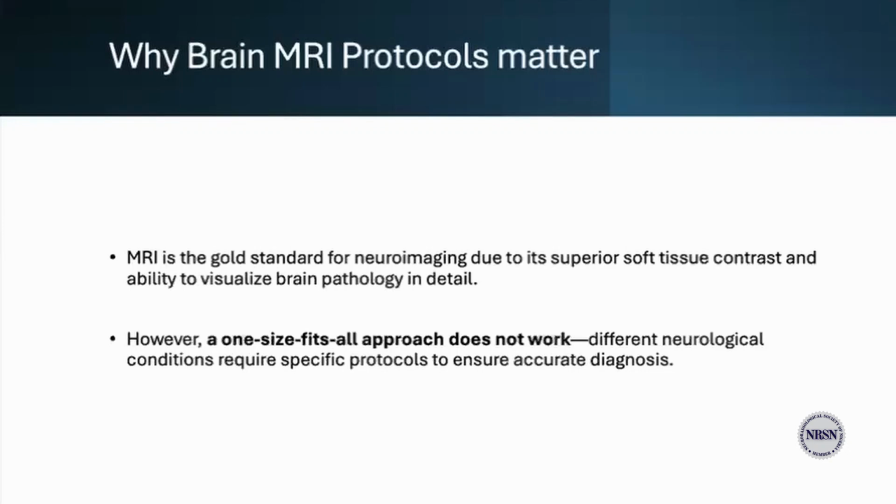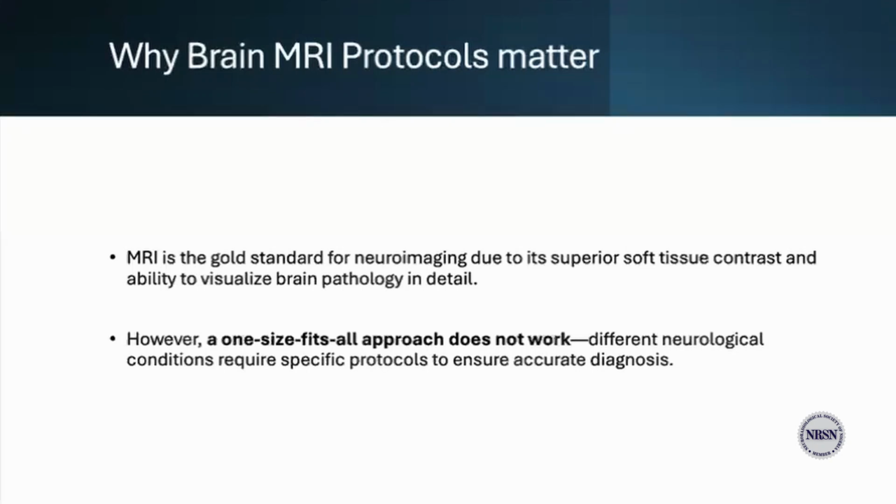So MRI is widely regarded as the gold standard in neuroimaging because of its exceptional soft tissue contrast and its ability to visualize brain pathology in remarkable detail. This makes it the preferred modality for assessing a very wide range of neurological conditions. However, a one-size-fits-all approach is not effective when it comes to MRI protocols.